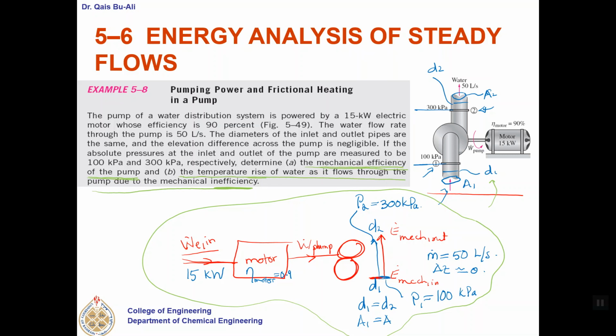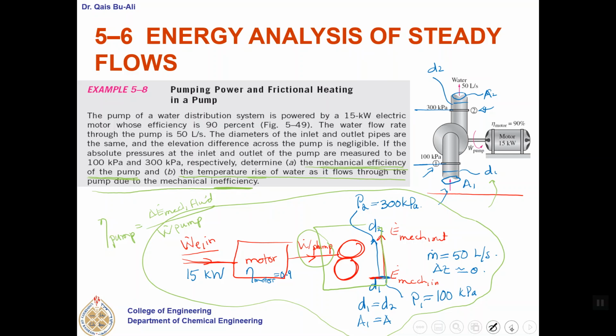I have to look at the pump, and we know that the efficiency of the pump is equal to the power output, which is delta E mechanical of the fluid, divided by what I'm inputting, which is W pump. This is in a nutshell, and let us go through the solution in detail.